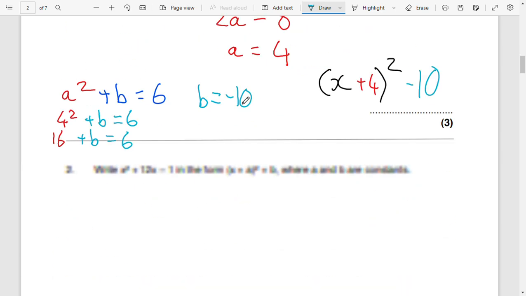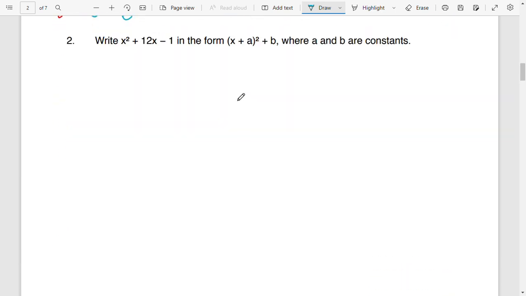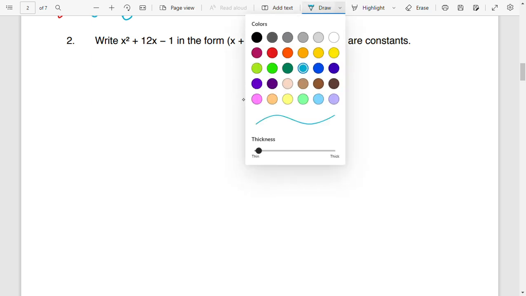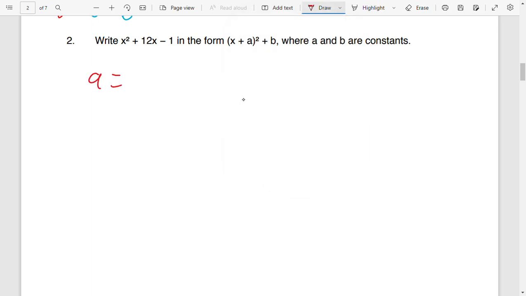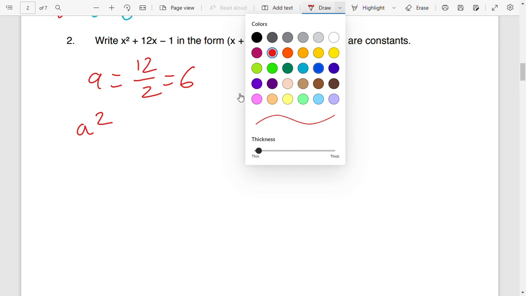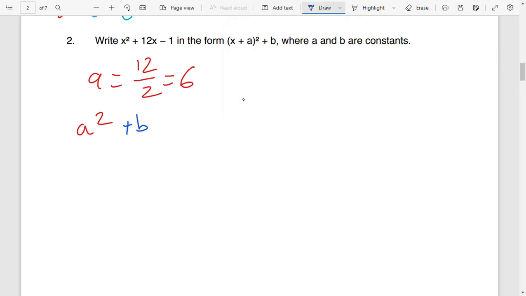Alright, let's do another form of that question. So, write x squared plus 12x minus 1 into the form (x plus a) squared plus b, where a and b are constants. So, easy peasy. So we know a equals half of this number. So 12 divided by 2 equals 6. And then a squared plus b equals this number.